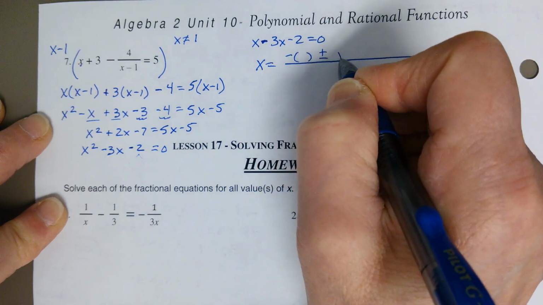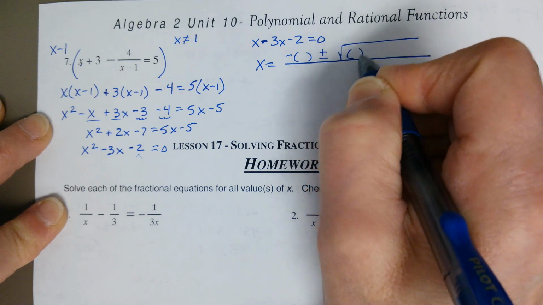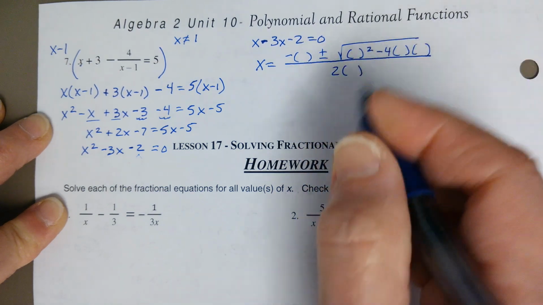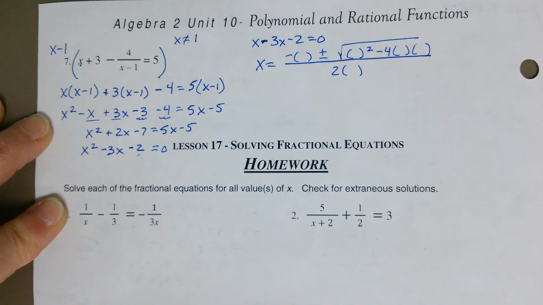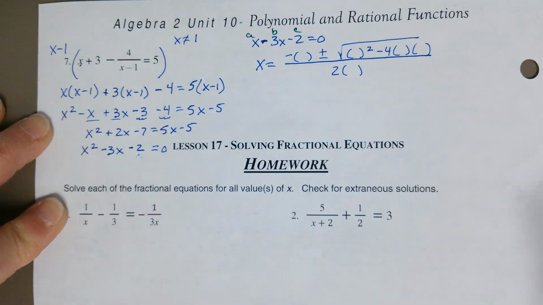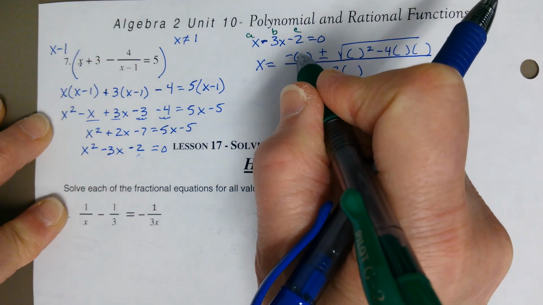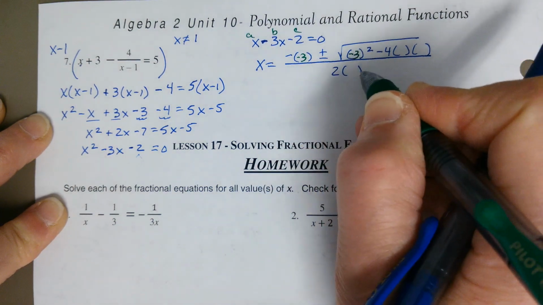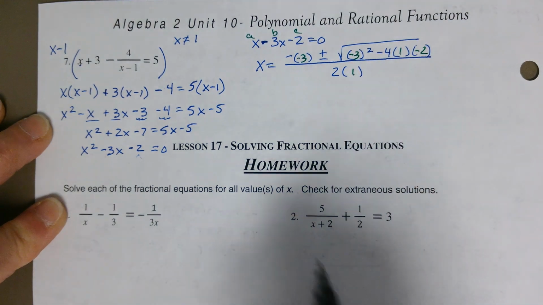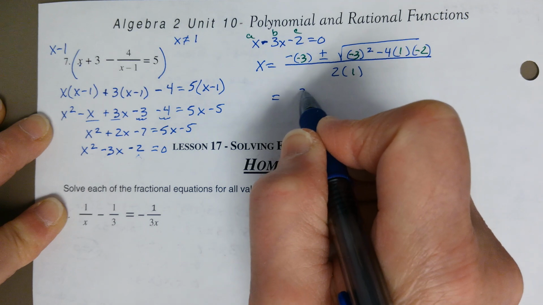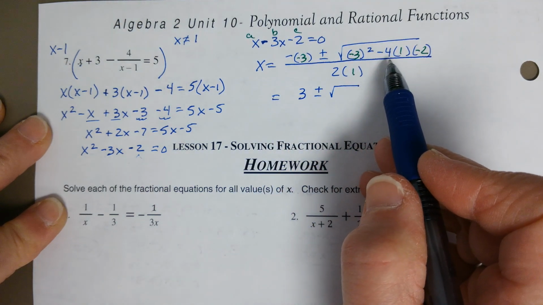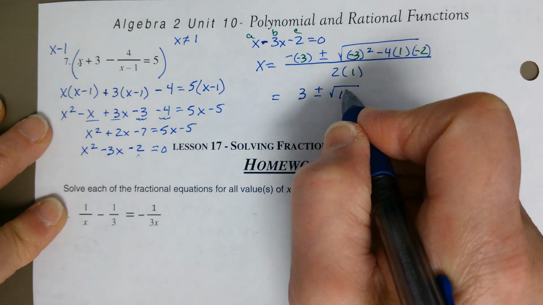Negative b plus or minus the square root of b squared minus 4ac all over 2a. b is negative 3, a is 1, and c is negative 2. That's 9 plus 8 is 17.